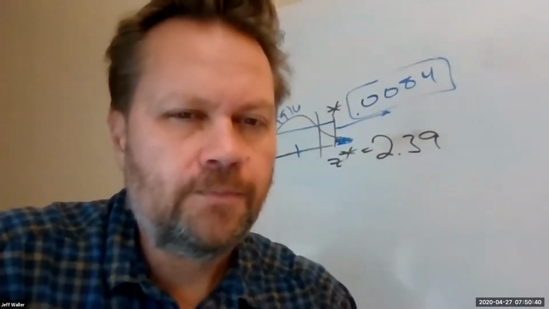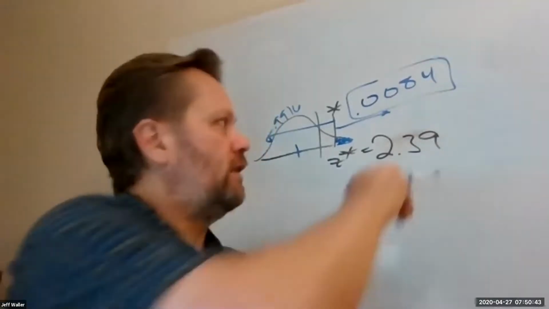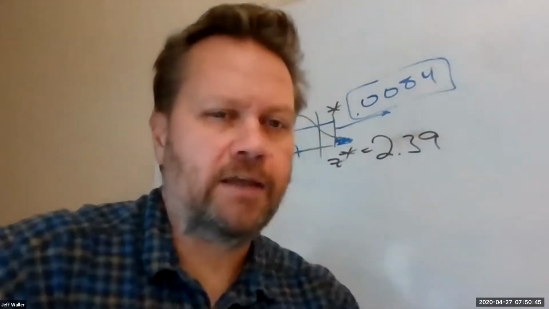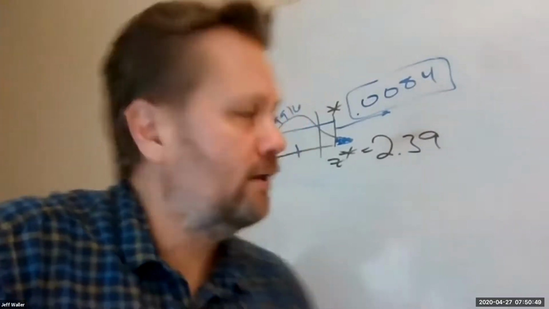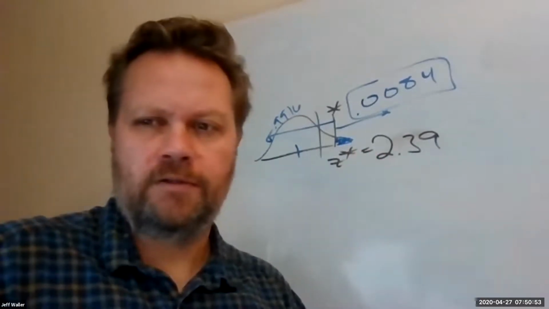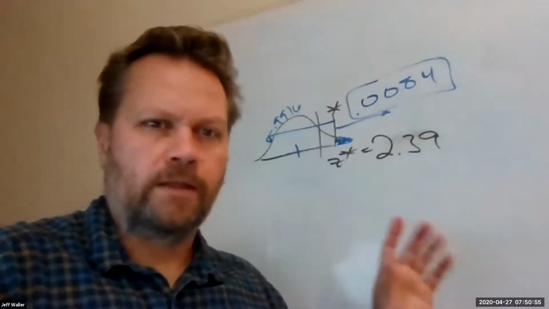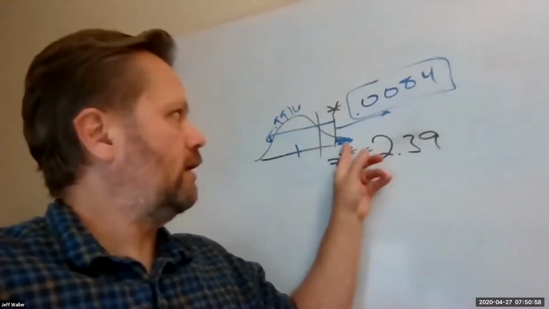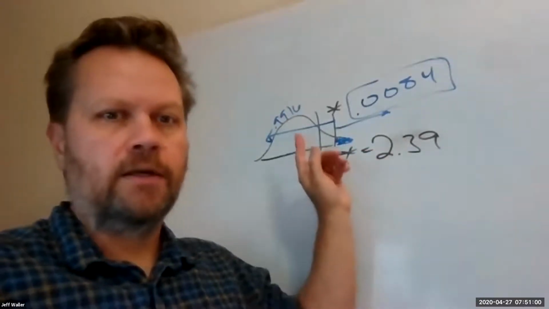So again, the p-value is the area in the tail or tails of my Z star. It's just the area that my Z star makes. You guys with me? So that's a note also. That's all a p-value is, the area in the tail or tails that my Z star makes.